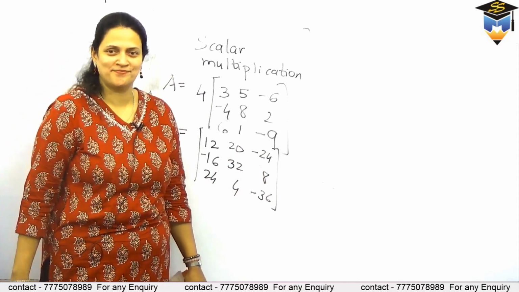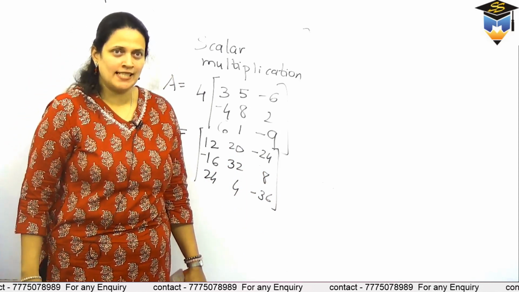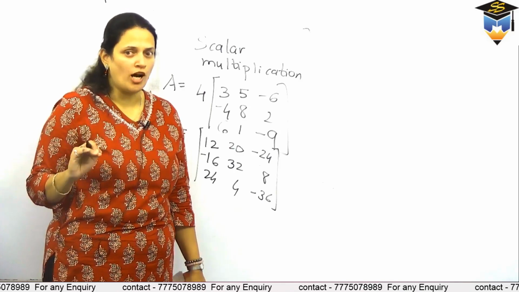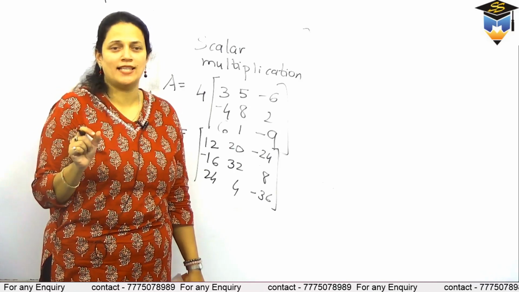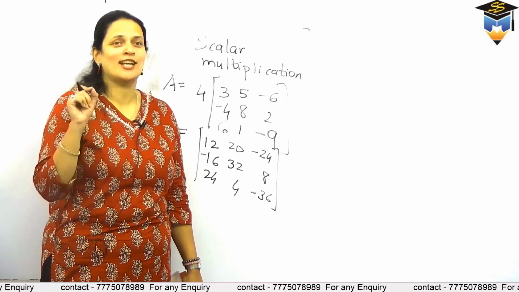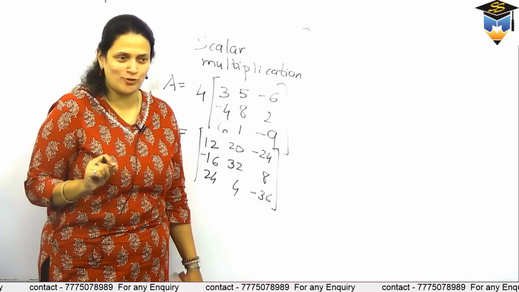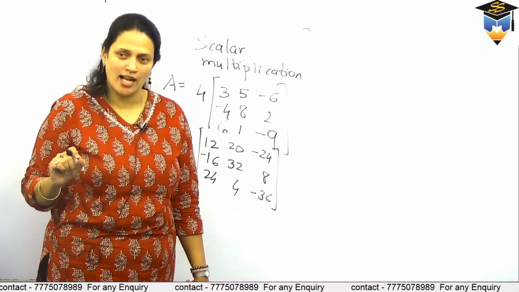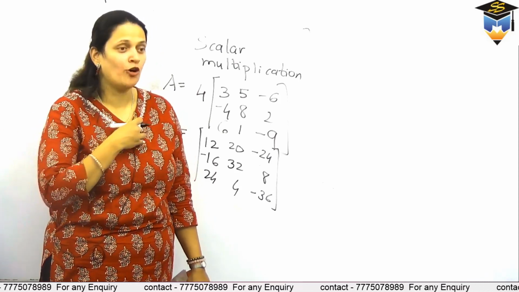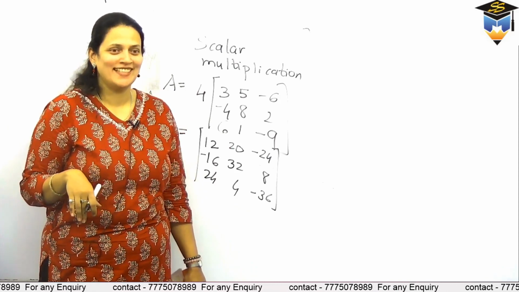Understood? So what I have done is, scalar multiplication means what? You have to multiply the scalar quantity to each and every element inside the matrix. Yes? Understood? I hope everybody has understood.